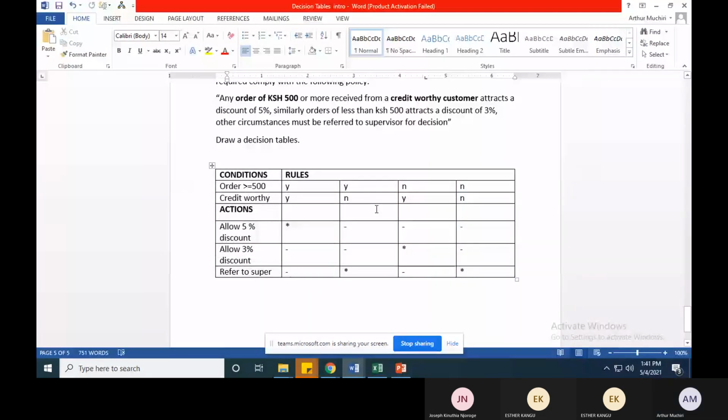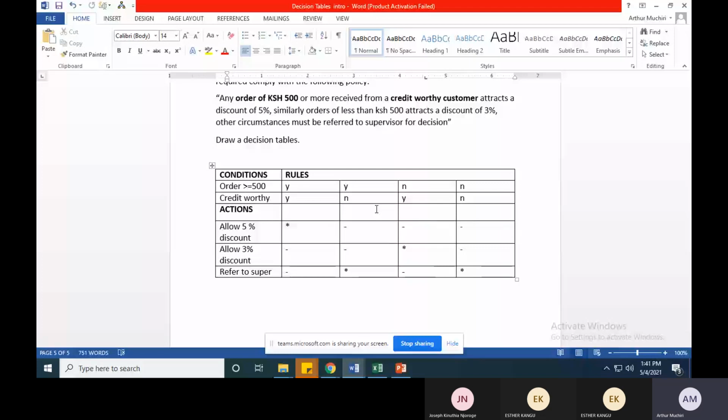Have you drawn this? Yes. You have drawn, eh? What about Joseph? Have you drawn this? Yes, I have drawn. Now, I hope that is it with the concept of decision tables.